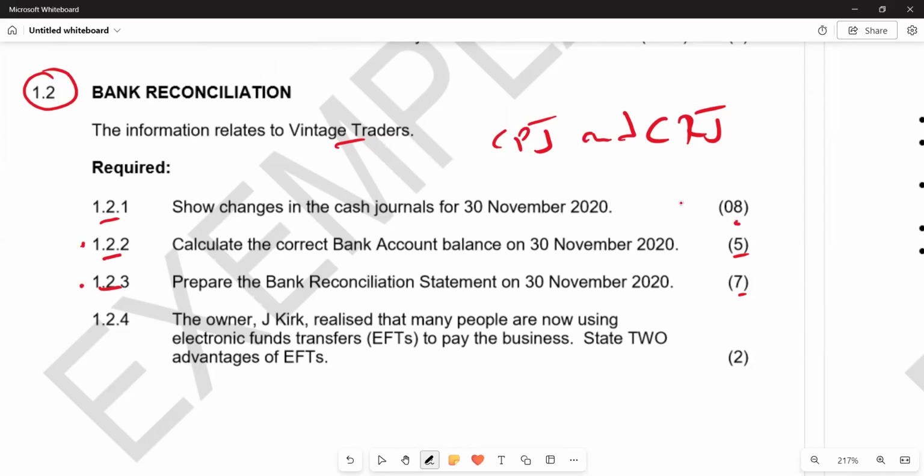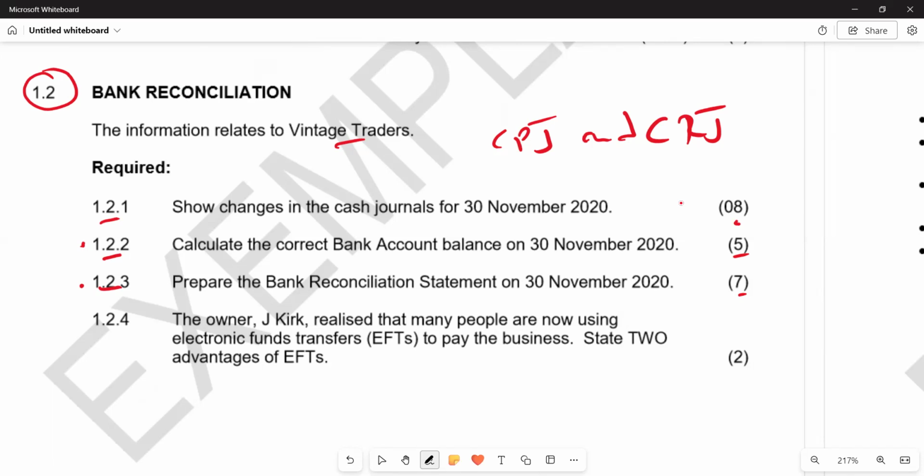So these two balances should be the same. After we have prepared the bank account and found the corrected balance at the end of the period, we take that and put it as the balance on the bank reconciliation statement, as they are going to be the same. Then we go up in the bank reconciliation statement to find the opening balance, the question mark, which is the missing figure that we find as a balancing figure. That's exactly what it means.